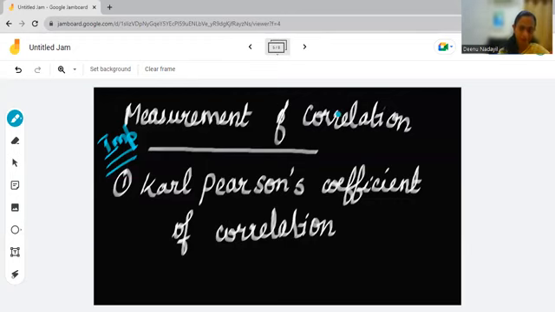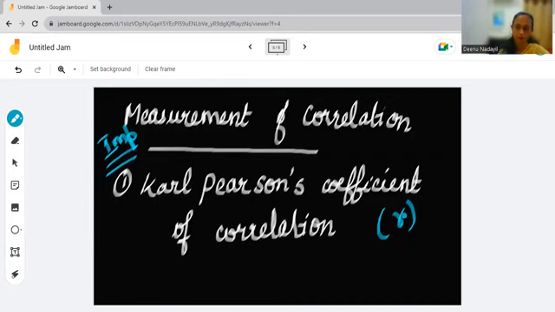The first method is Karl Pearson's coefficient of correlation, a popular method widely used in calculating correlation. It was given by a person named Karl Pearson, and it is denoted as gamma.